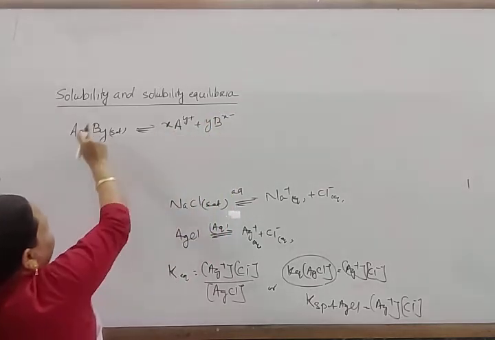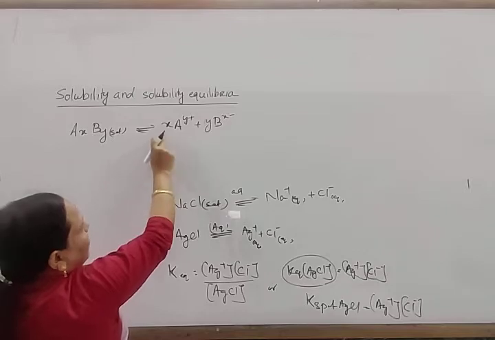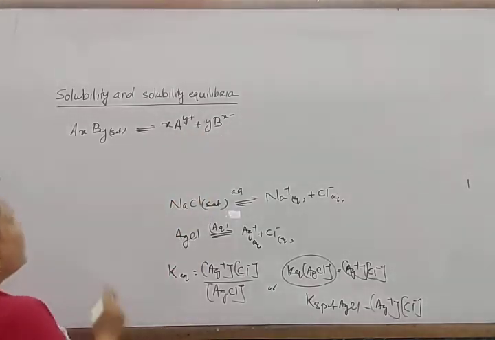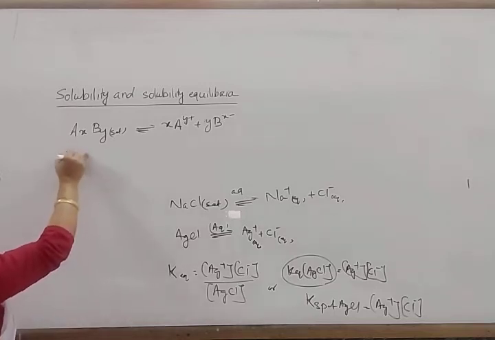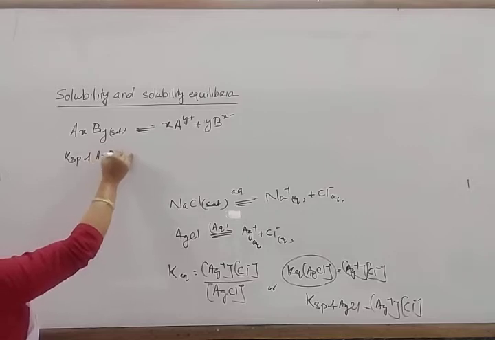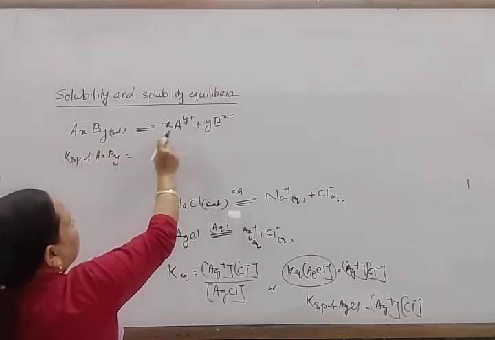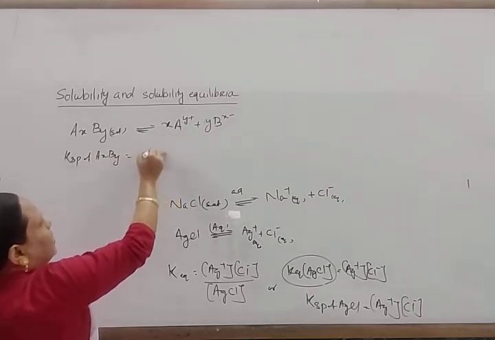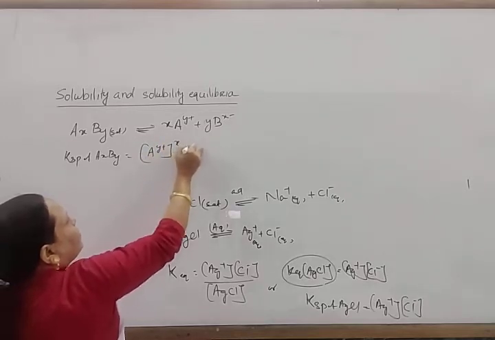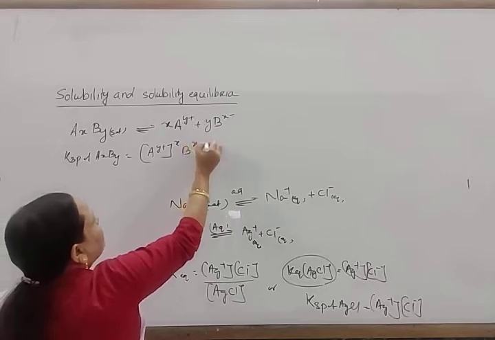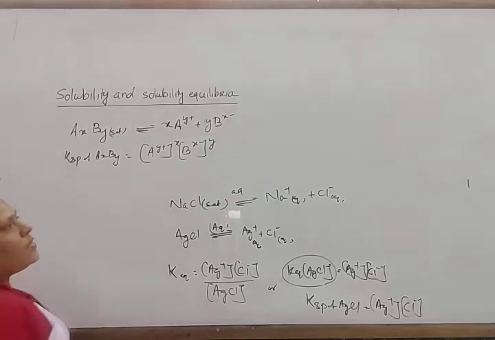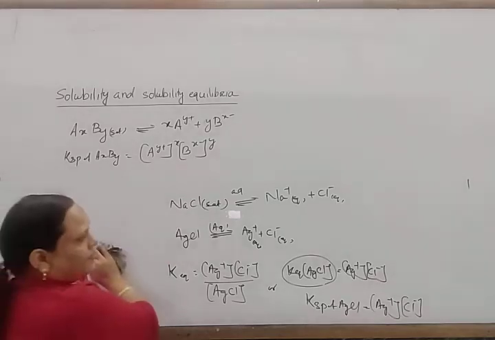This is the charge of A and B, and x is the number of A and y is the number of B. The solubility product KSP of this AxBy is the concentration of A y plus to the power x into B x minus to the power y. This product is known as solubility product.